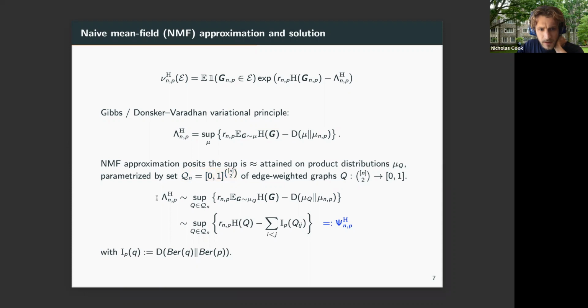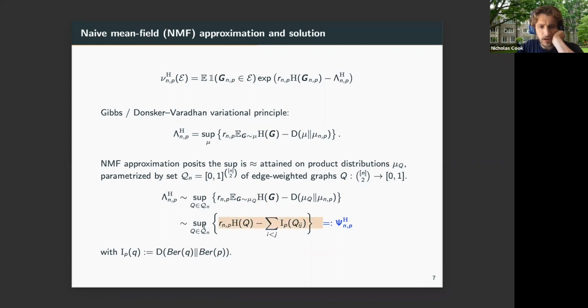Okay, and so then the naive mean field approximation posits that you can just take the supremum over the product distributions, and it turns out you have enough concentration that the expectation under this product distribution is roughly the Hamiltonian evaluated at that weighted adjacency matrix.